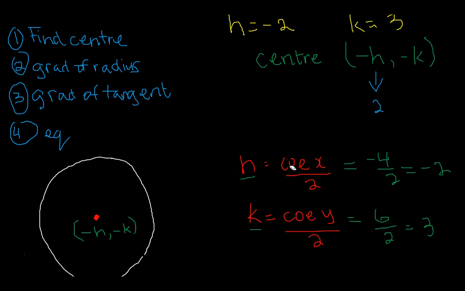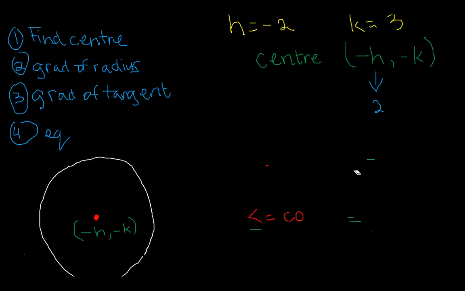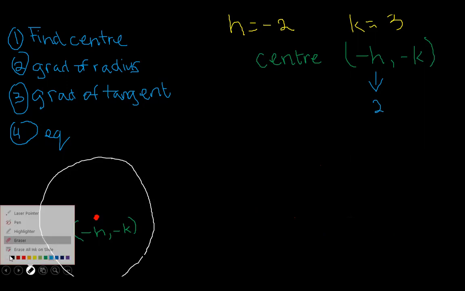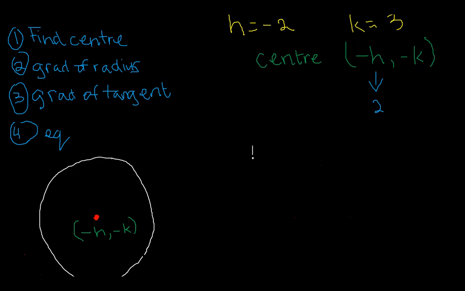Again, for my visual learners, let me just erase this. So if h is equal to minus 2, therefore, to get minus h, I need to multiply this h by minus 1. So minus 1 times h. But what you do to one side, you need to do to the other side. So I also have to multiply this minus 2 by minus 1.